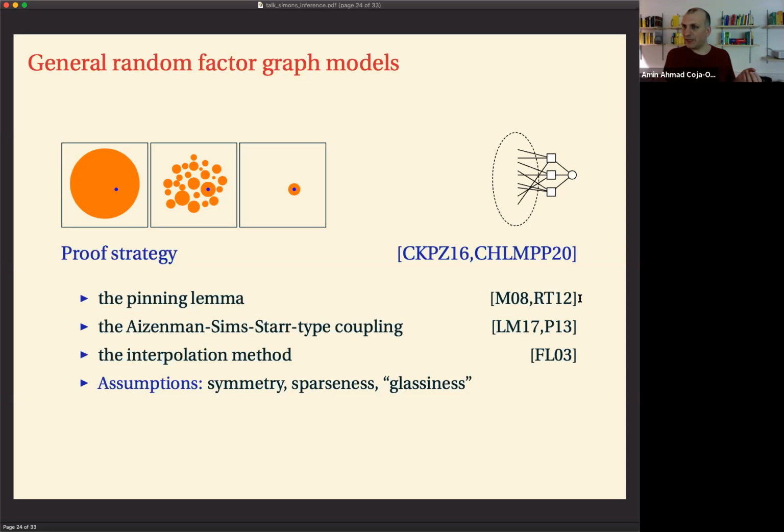And at first glance, it seems pretty puzzling. So you might think, okay, if that's true, then why doesn't this entire idea of replica symmetry breaking collapse? But it turns out that it doesn't.